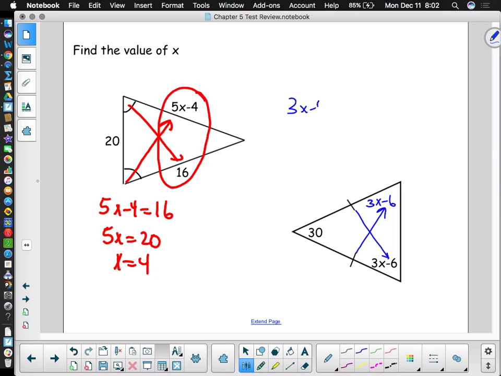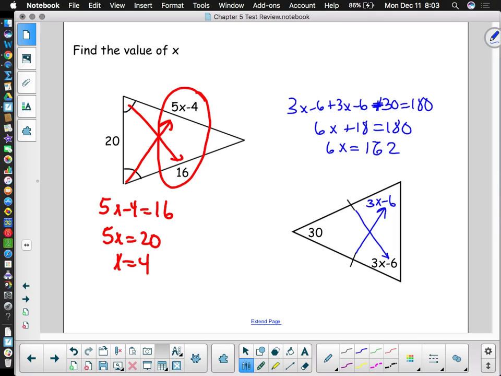So 3x minus 6 plus 3x minus 6 plus 30 equals 180. So 6x, sorry, that should have been plus 30. So that's minus 12, plus 30 is plus 18, equals 180, so 6x equals 162.